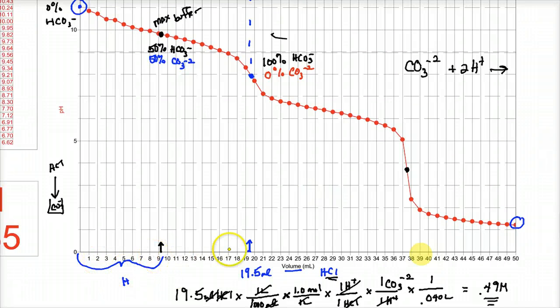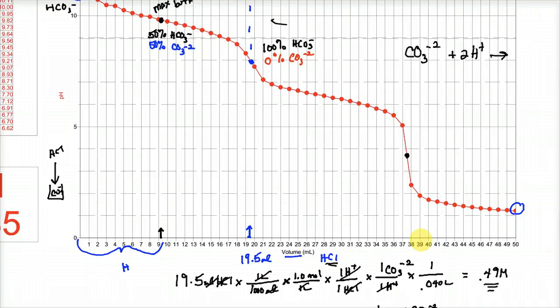It takes 9.5 for every position. So 9.5 would get us to the max buffering, and 9.5 more would get us to 39. But you notice it's less than 38. Why isn't this line hitting 39? Why isn't it coming out and doing this?